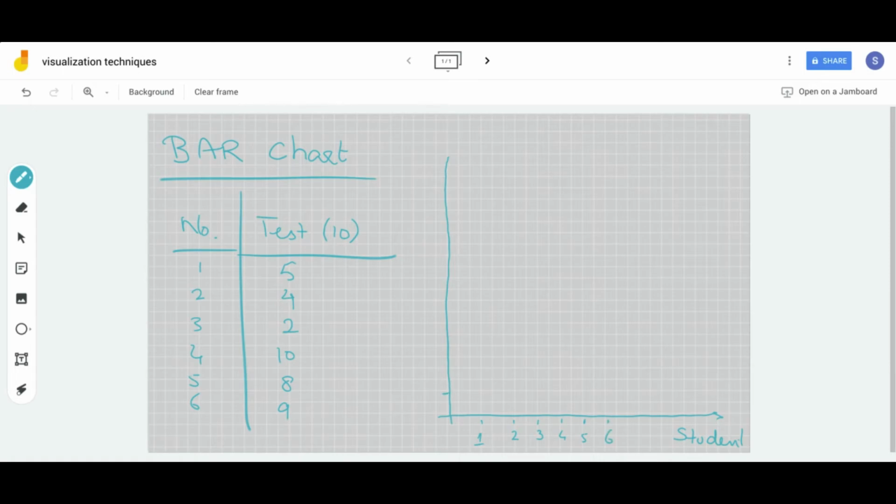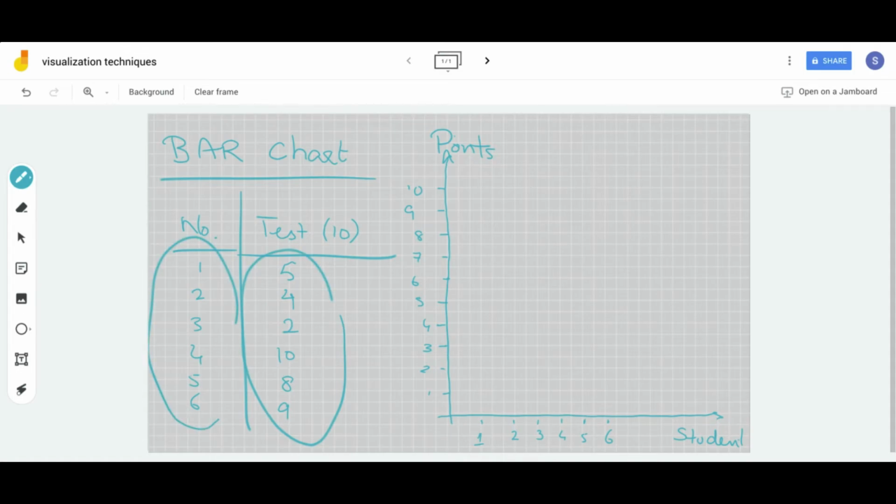Then let's say I've got 1, 2, 3, 4, and with every separation of 2 blocks, it goes up to 6, 7, 8, 9, and 10. This is the y-axis, and this is points. What I'm going to do now is a bar chart of all these points that you see right here against the number of students that are plotted on the x-axis.